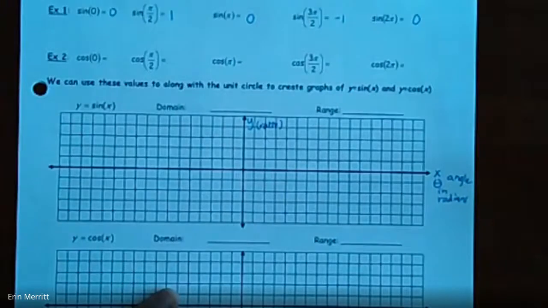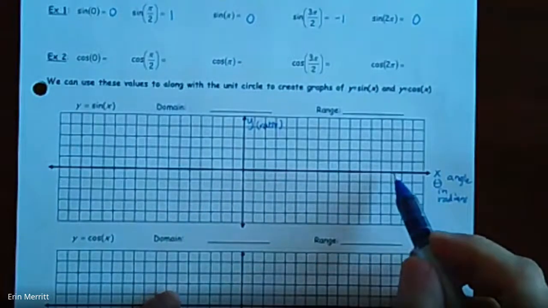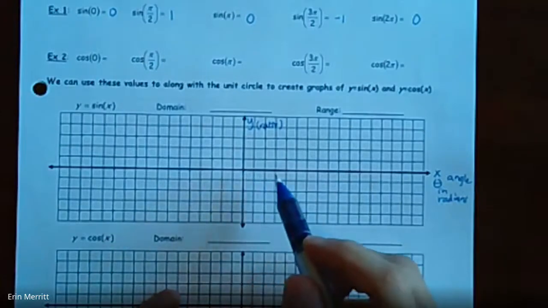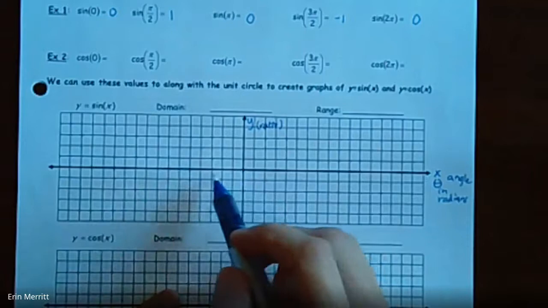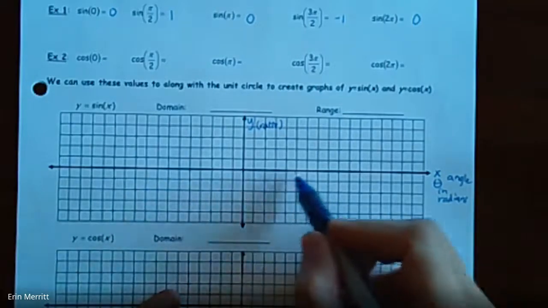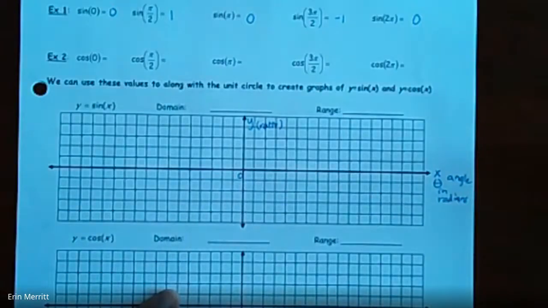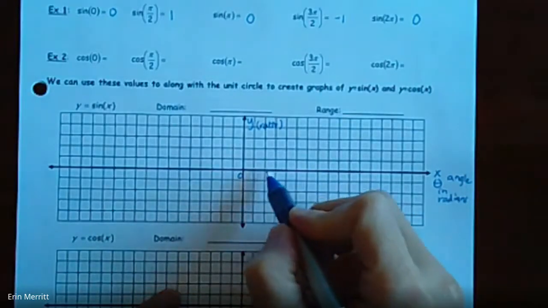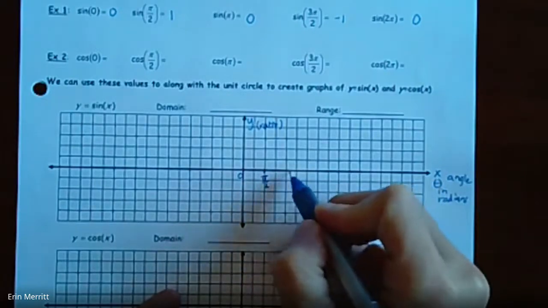Okay. So if you look, what x values can I have? Well, I can have any angle I want. We just did 0 to 2 pi, but it keeps going beyond that. You can also have negative angles because that's just a negative rotation. So I'm going to label along here starting at 0 in terms of radians. To spread this out a little bit, I'm going to go every other line. I'm going to let that be a quadrantal angle. So that's pi over 2. Go 2 more.